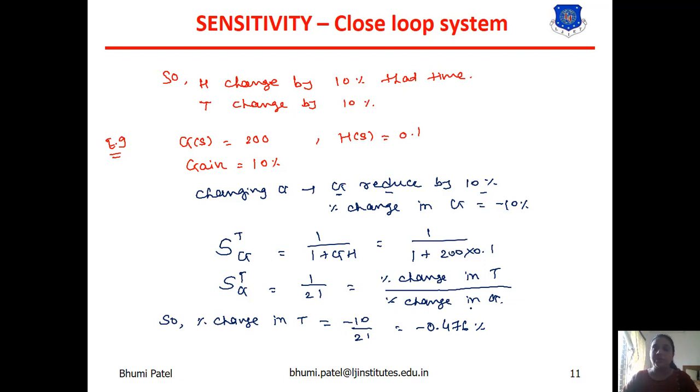Okay, so this is the final value of T. Here we consider the input value constant. So this is the final sensitivity of the closed loop system.